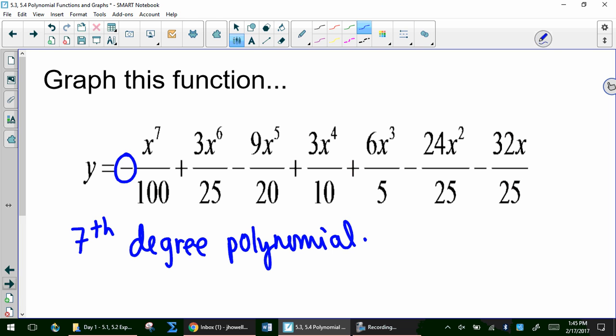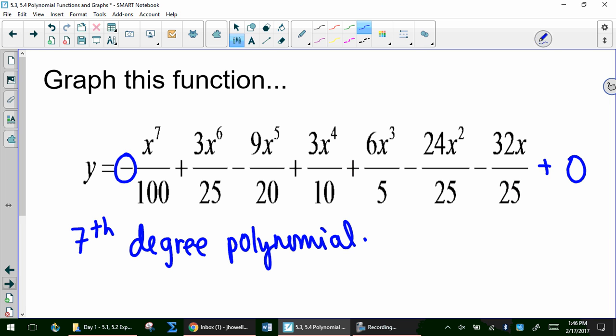Anything else that you know about this? It doesn't have a constant. So what does that mean? There's no C term, okay? It will cross, but at which point? 0.